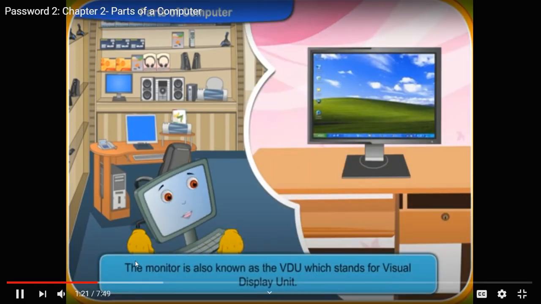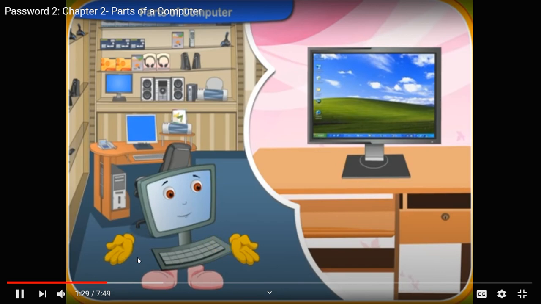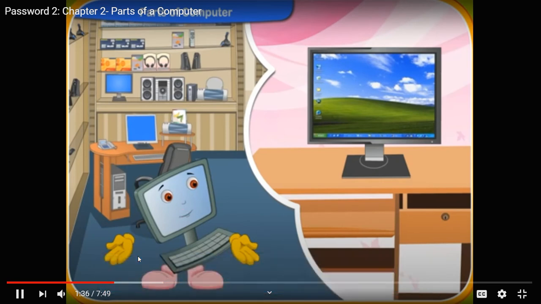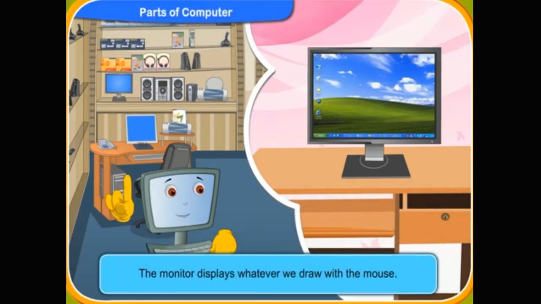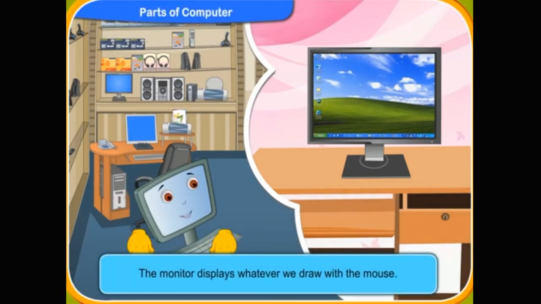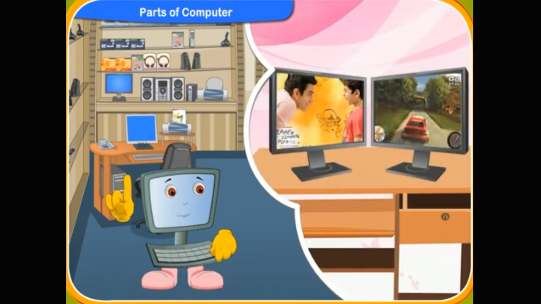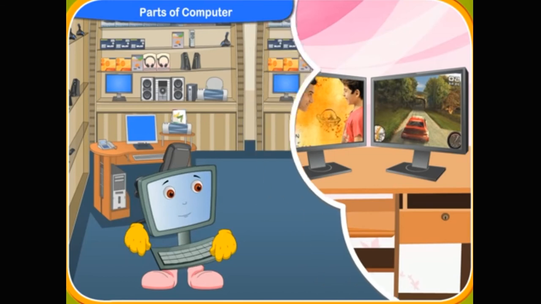The monitor is also known as the VDU, which stands for Visual Display Unit. It looks like a television. The monitor displays whatever we type with the keyboard. The monitor also displays whatever we draw with the mouse. You can also watch movies or play games on the monitor.